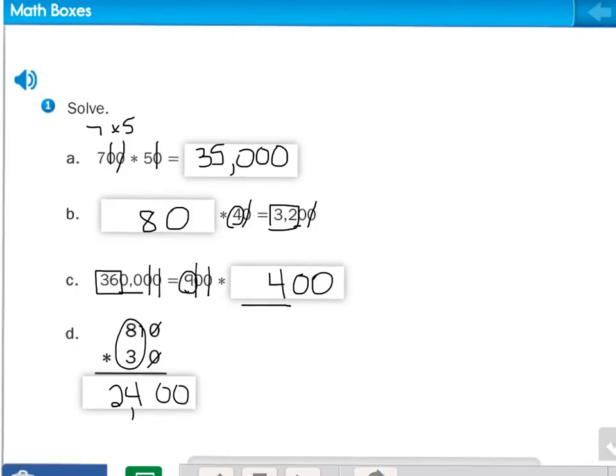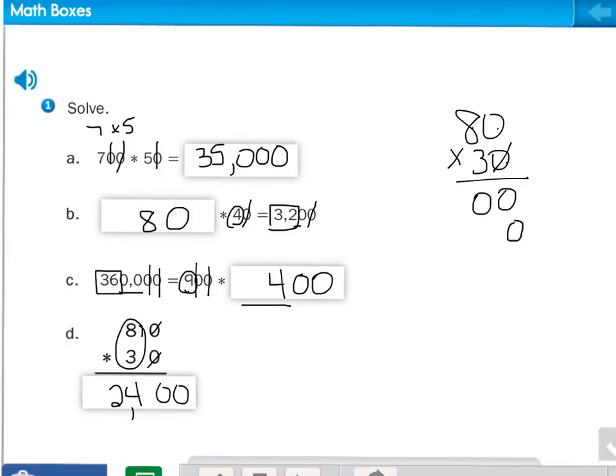There is another way where I could do D if you wanted to do it the long way. 80 times 30. You'd take that 0 and multiply it by all of the numbers on the top starting at the right. So 0 times 0 is 0. 0 times 8 is 0. Going to the next number, that 3, I'm going to drop down a line and add a 0 there because really it's 30 times each number.